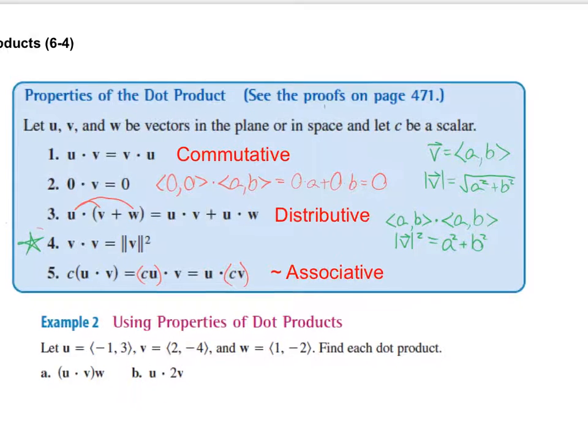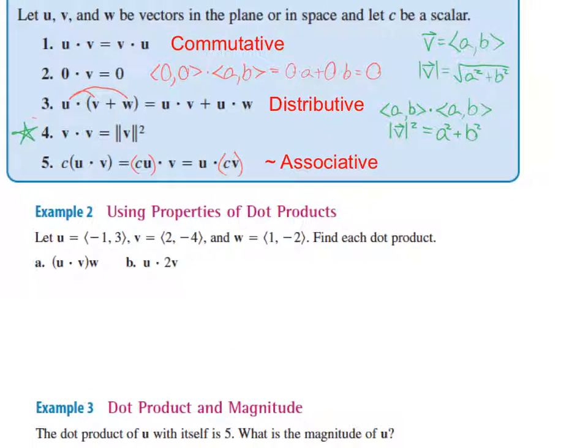So, a couple of examples here just to take a look at some of these. Before we do the examples themselves, I want you to think, because anytime you're doing a problem with vectors, you need to think about what your result is going to be. Here on part A, we're doing u dot v, then we're multiplying that by vector w.